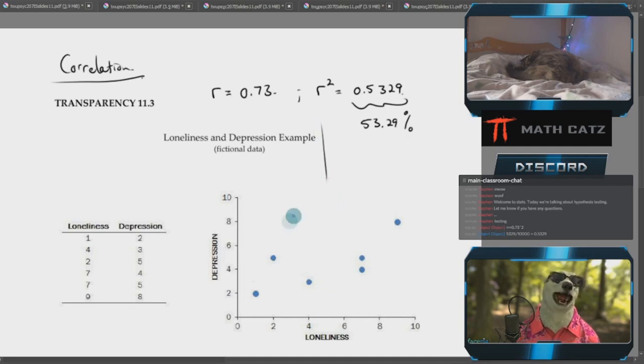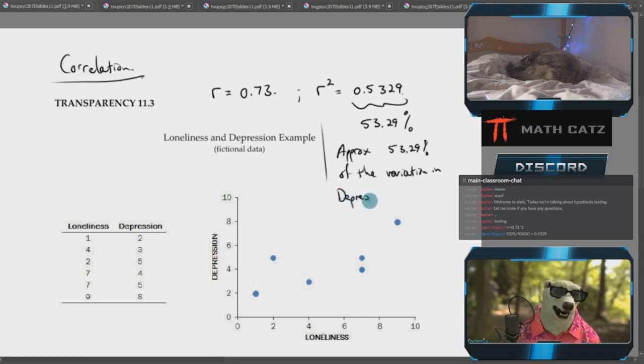So one way that I could interpret this, of course, I can flip it around. Approximately 53.29% of the variation in depression scores is accounted for due to loneliness, let's say.